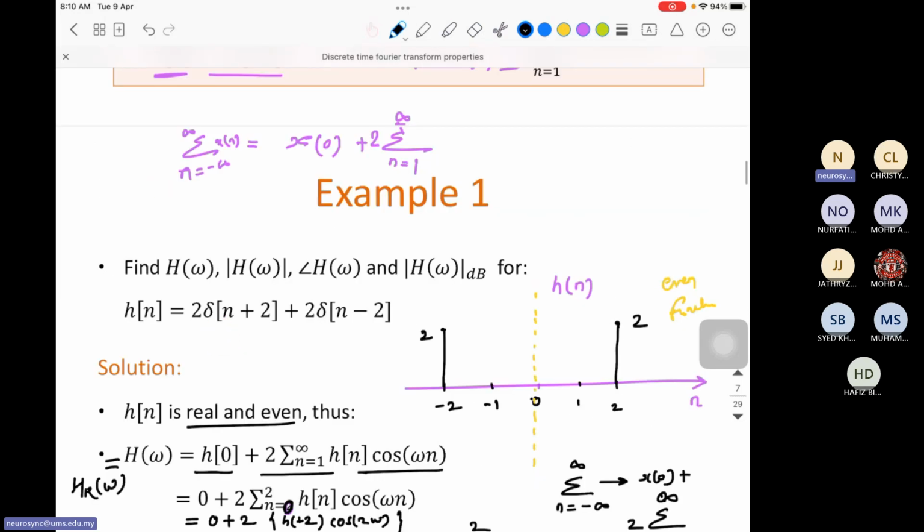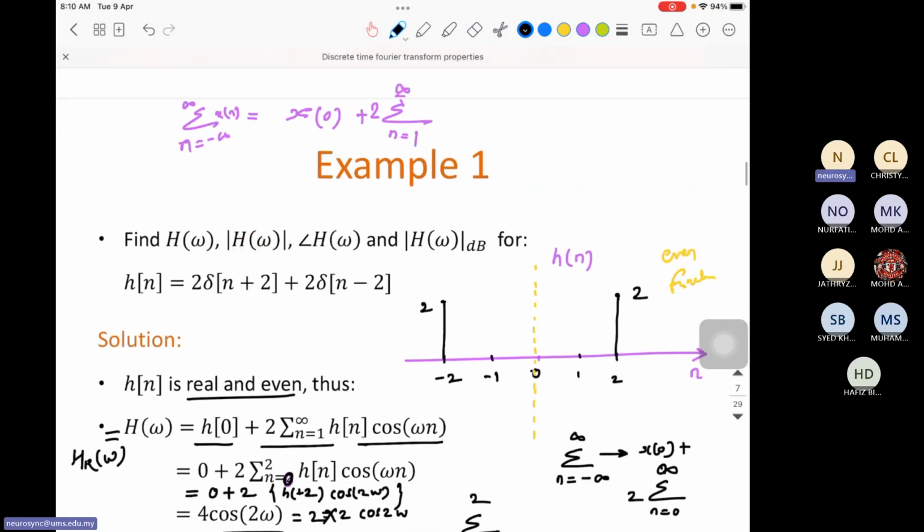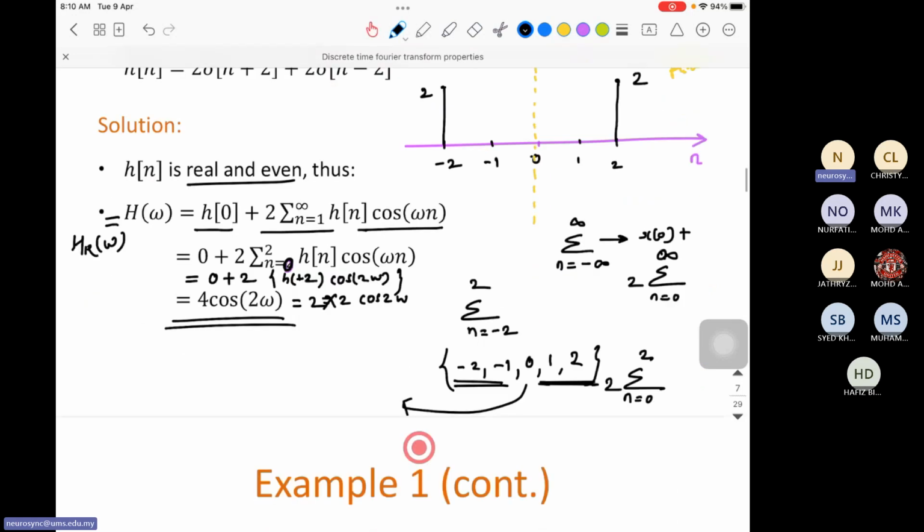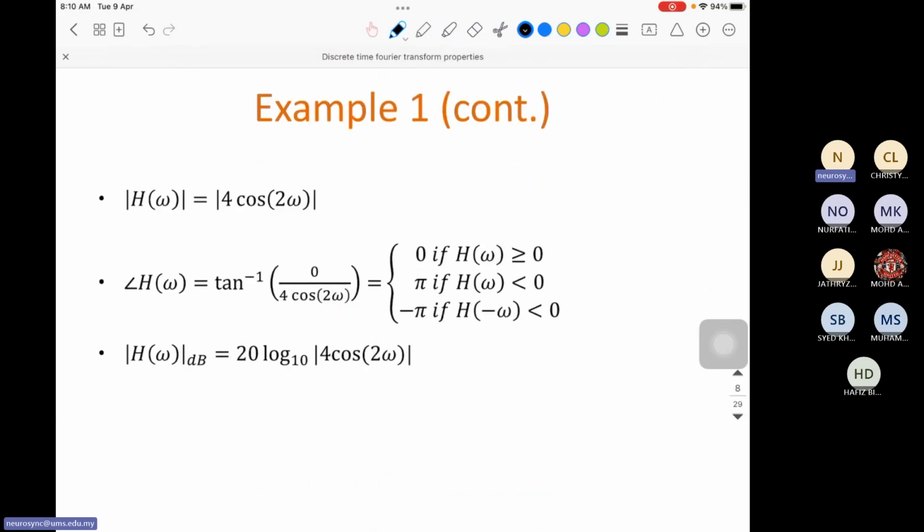What else do we need to find? The magnitude of h of omega. So the magnitude of h of omega, I can simply write as the magnitude of 4 cos of 2 omega. If I want to find the angle of h of omega, it is nothing but the tan inverse of the imaginary part by the real part. The imaginary part here is 0.